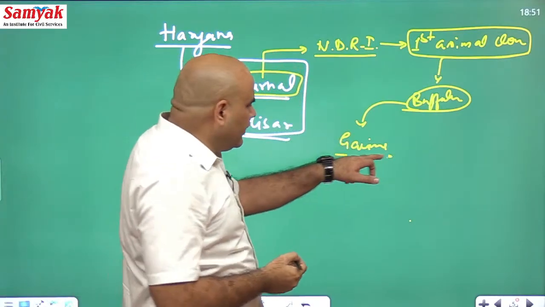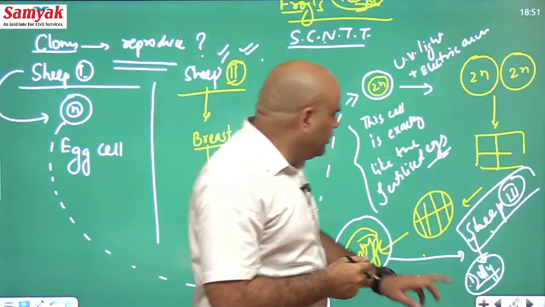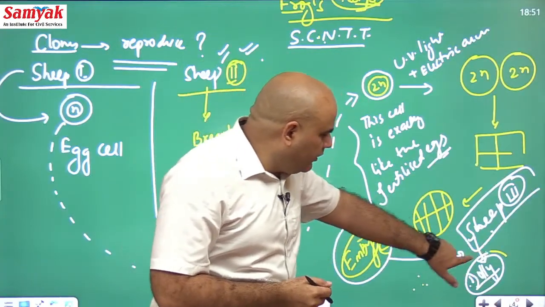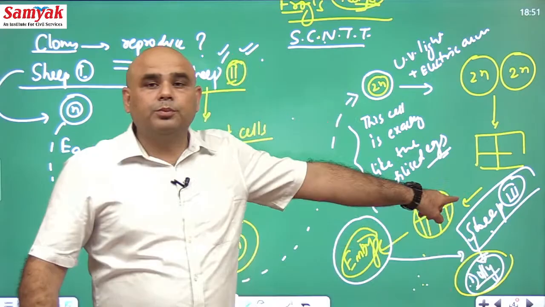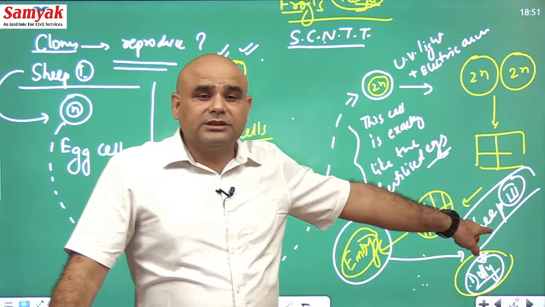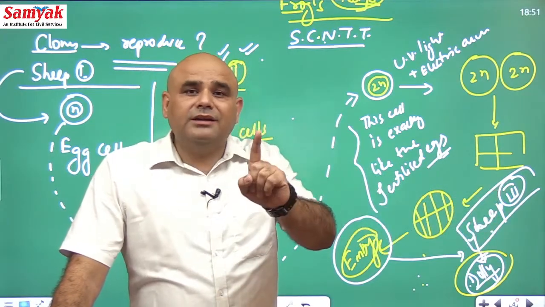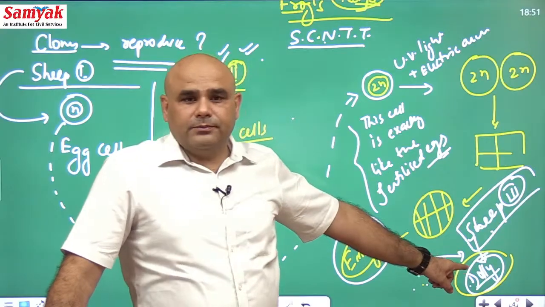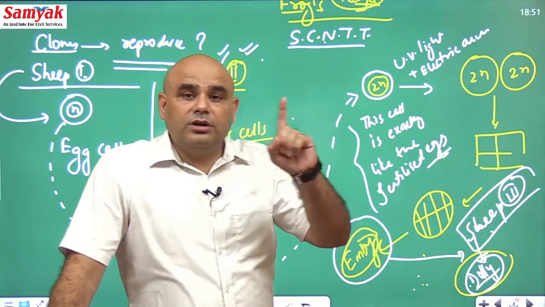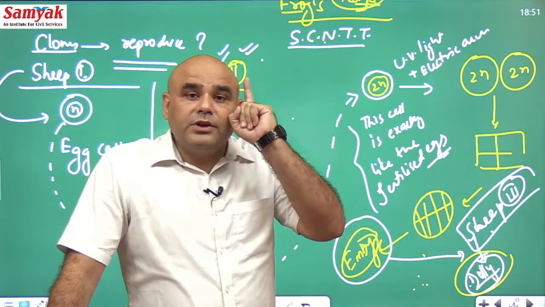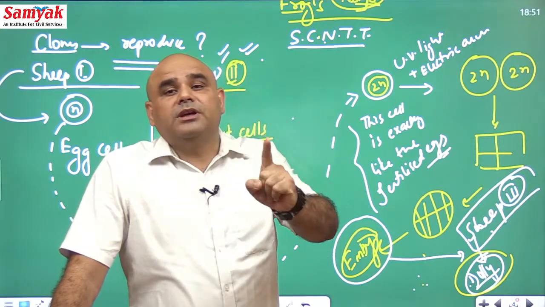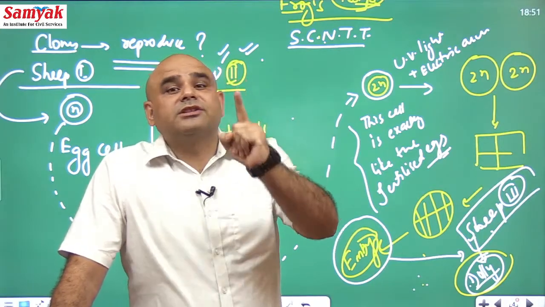One more thing I want to add: Dolly was the first clone which was so popular and so successful. The reason is that Dolly was capable of successfully reproducing at least 6 times.